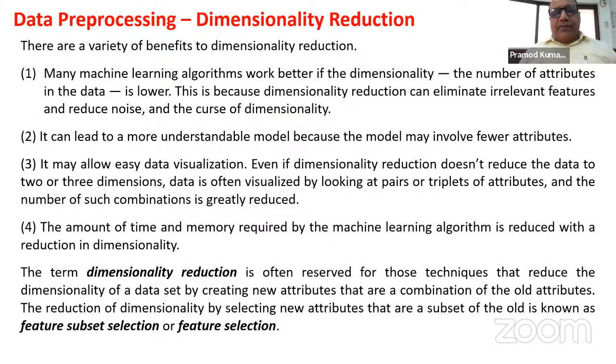And whenever we go for the reduction of features, it does not mean that the features will be reduced to only 2 or 3 features. Even then, how will the visualization be easy? If you remember the visualization of the features, for example, if I take the scatter plot or the scatter matrix, in a scatter plot we basically have only 2 dimensions.